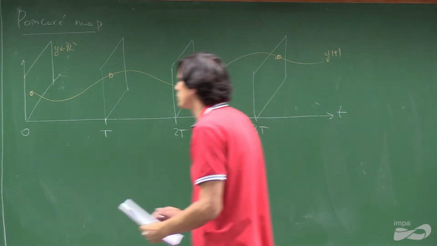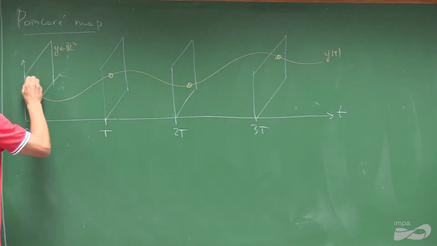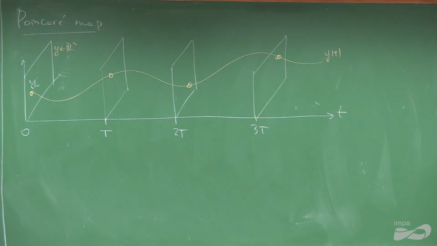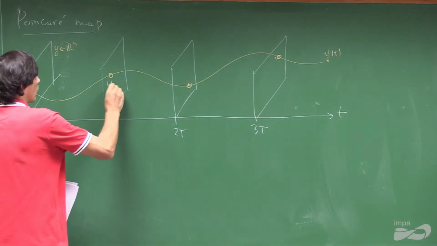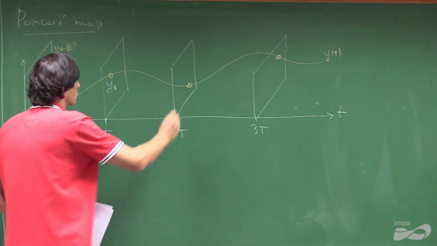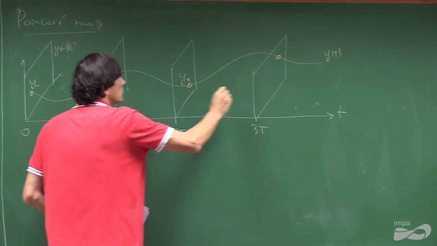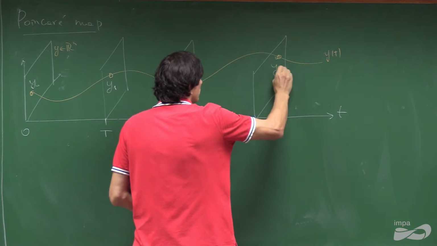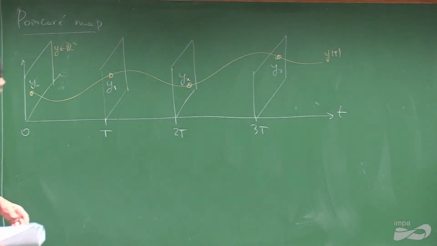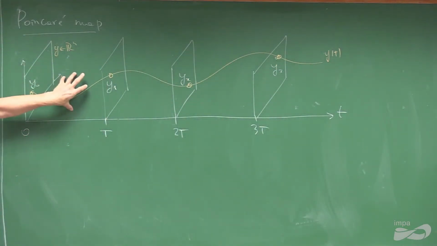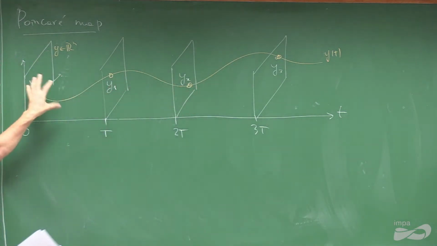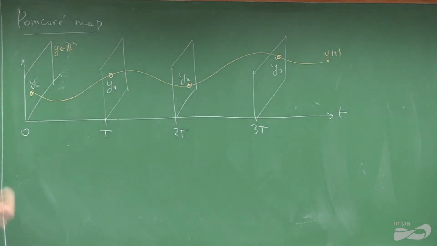So the initial point we call y0. Then at one period we call it y1. At 2 periods we'll call it y2, and so on, y3. And we will forget what happens in between, and just make these snapshots every period.